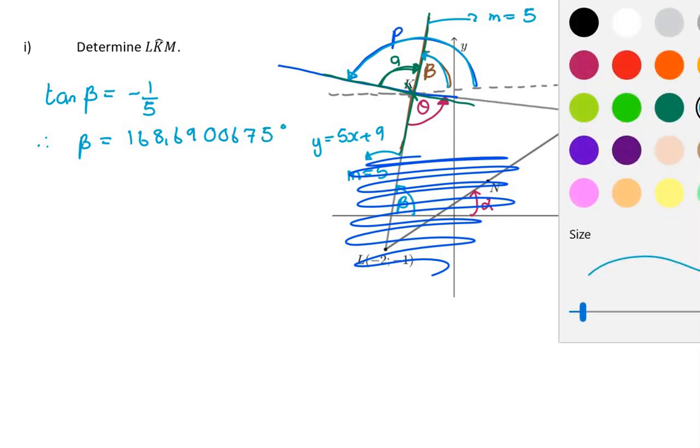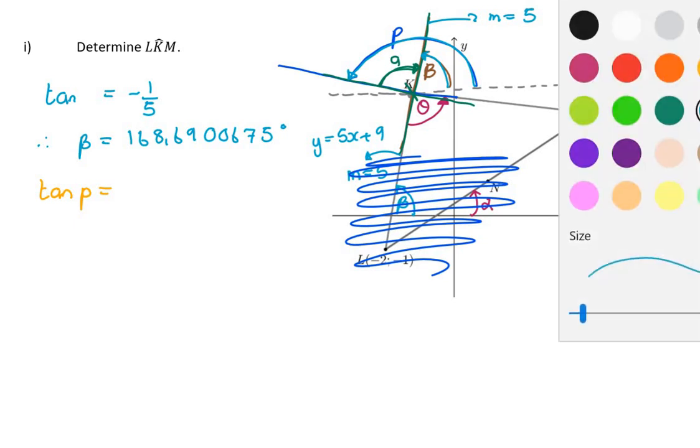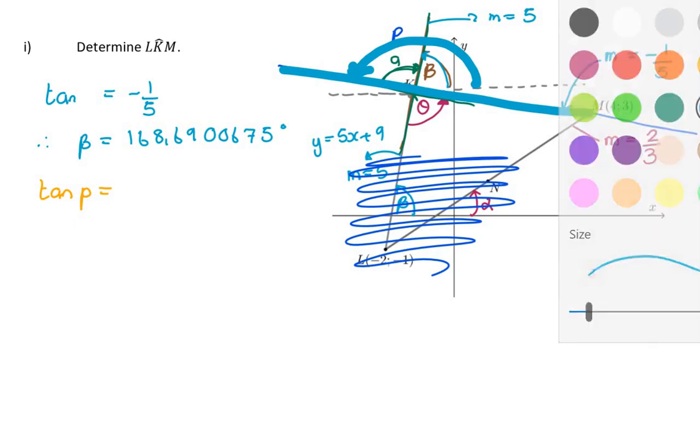Now I also know that tan of P, the big angle, would be equal to, now I'm getting my angles confused. Sorry, my apologies. Let me start that again. I was working with, let me change color, I was working with this gradient, which gives me an angle of inclination of that, which is P. So let me make this smaller again.